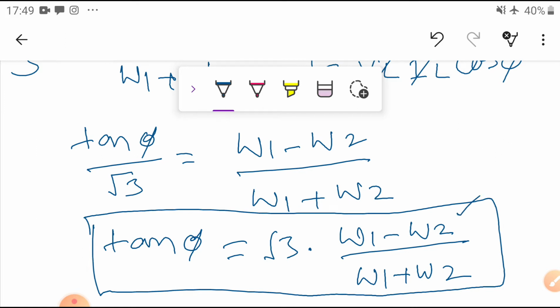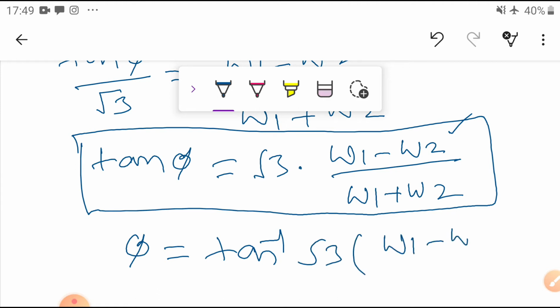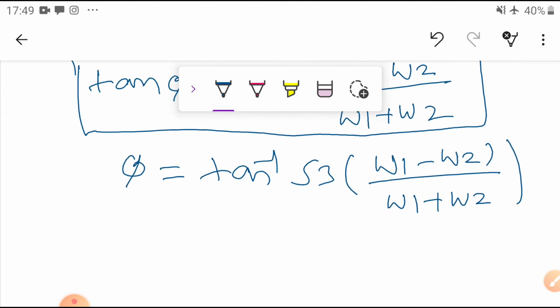Okay, suppose I want the power factor. How are we going to calculate it? Similarly, phi is required. So phi is equal to tan inverse of root 3 into W1 minus W2 by W1 plus W2. Simple. Now I want the power factor. What is the power factor? Power factor is equal to cos phi. I know phi, so I simply require cos phi.